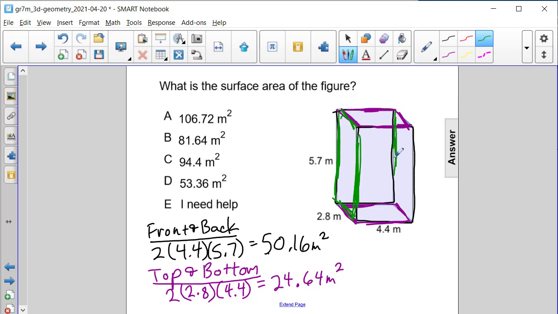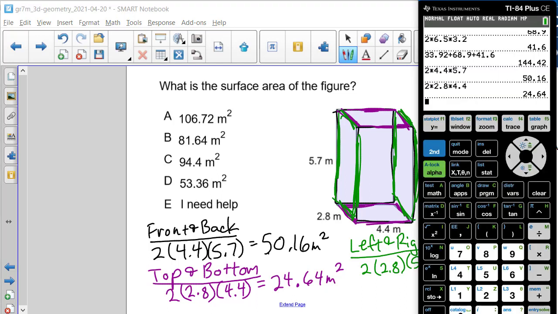Okay, now we have to do the left face and the right face over here. Both of these areas will be the same because they are 2 equivalent rectangles. So this will be the left and the right. We have 2 of these faces, and the area of each of these faces is 2 8/10 meters by 5 7/10 meters.